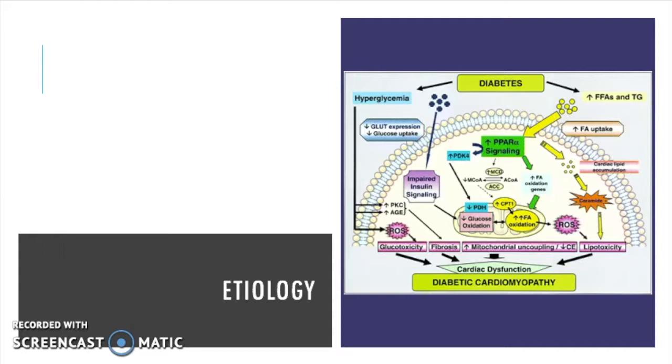Third, endoplasmic reticulum stress and accumulation of unfolded proteins exert significant toxicity and eventually lead to cardiomyocyte apoptosis. Finally, disruption in cytokine signaling and low-grade inflammation of the heart further repress cardiac function in diabetes.